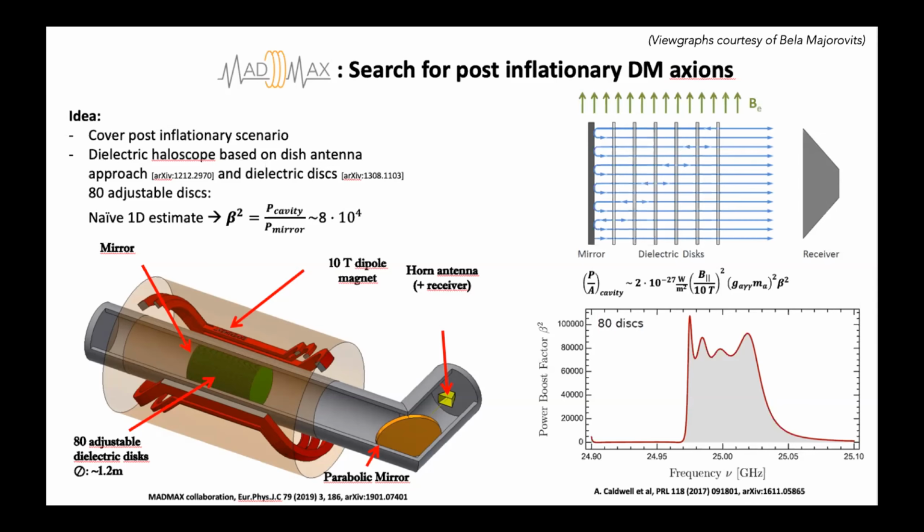And in this case, this is an open-ended resonator with a very large number of dielectric disks. One can design a system by which the spacing can be changed like an accordion, keeping them equally spaced and parallel to a very, very high degree. And in the presence of a strong magnetic field, one can get axion-photon conversion at the interfaces between the dielectric and vacuum.